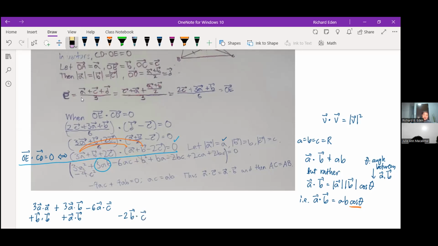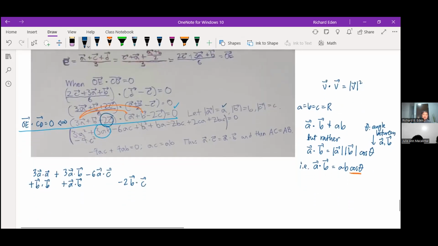Okay, and then finally, it's the turn of this 2C to be distributed, 2C times A, so we have plus 2A dot C, and then 2C and B, so plus 2B dot C, and finally minus 4C dot C equals 0.